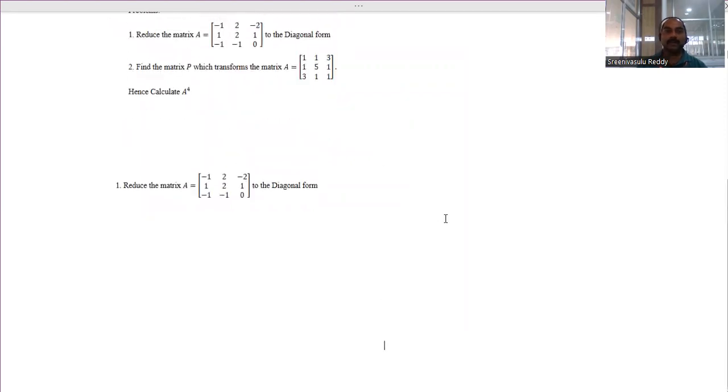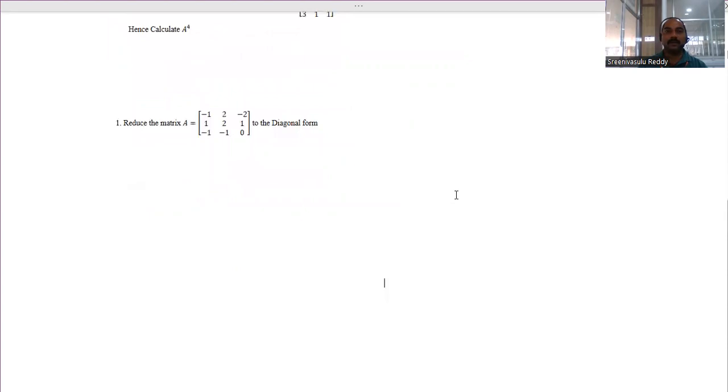This is the problem. Every time I'm using the reading pen, it is comfortable for visibility. So this is A. Diagonalizable means first find the diagonal form or diagonalization form.